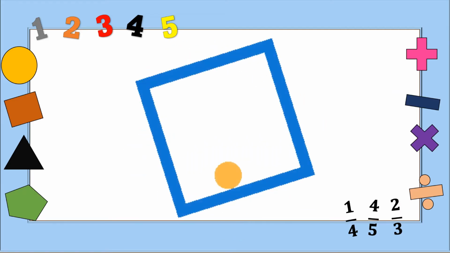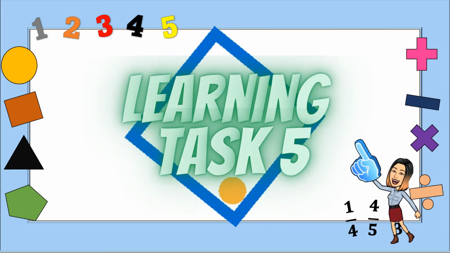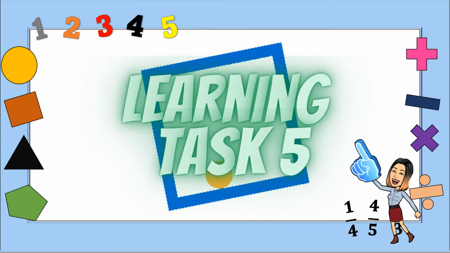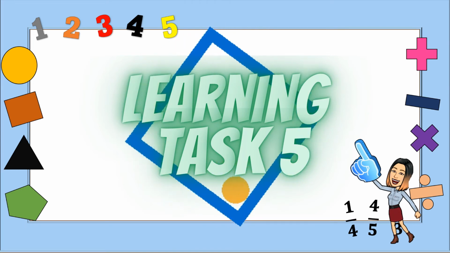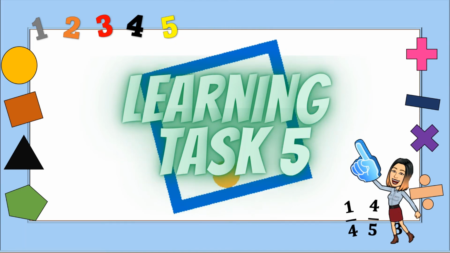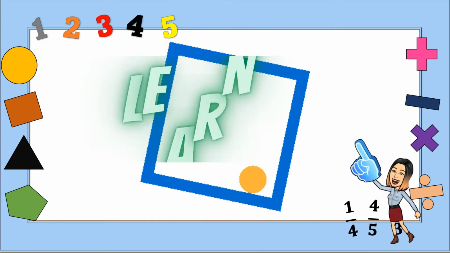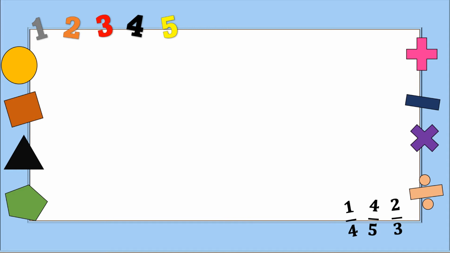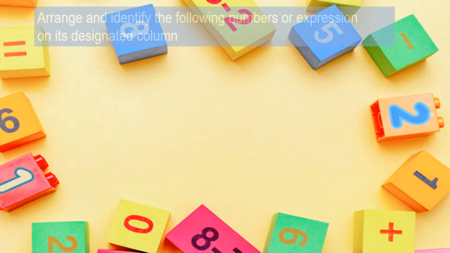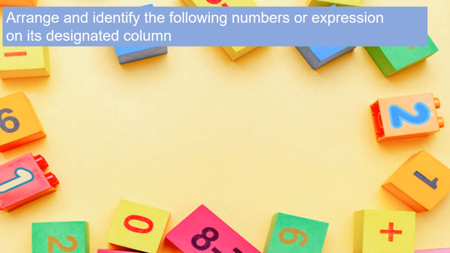Okay, next. Learning task number 5. Arrange and identify the following numbers or expression on its designated column.